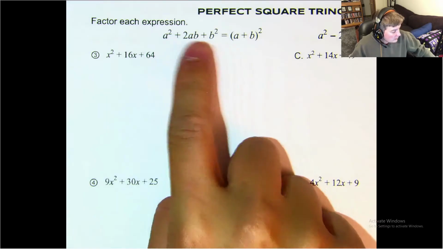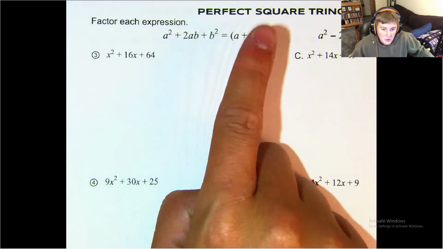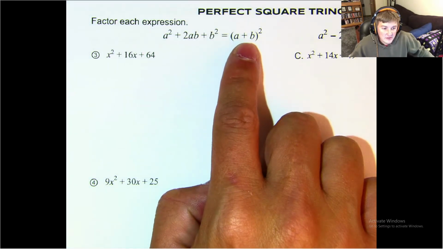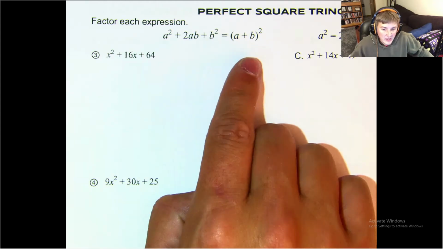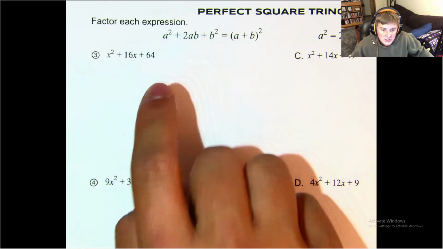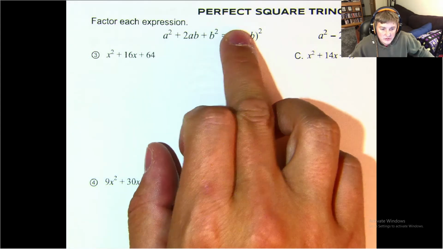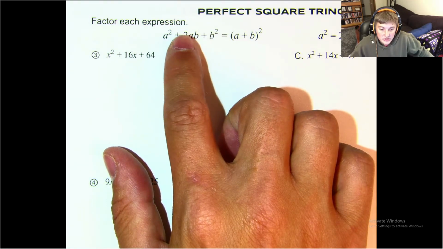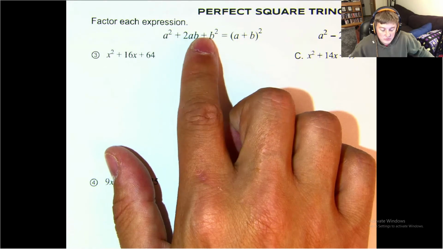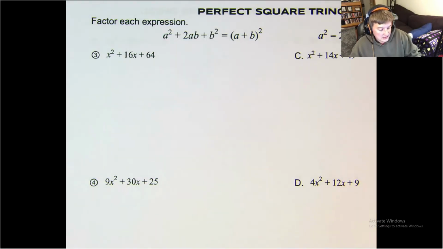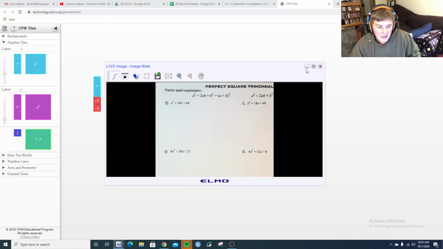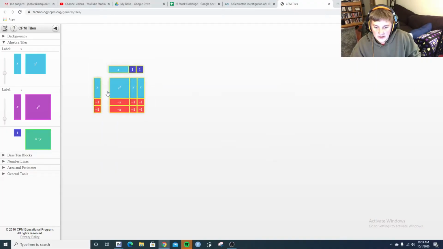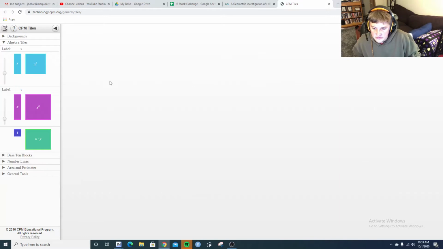And they follow a pretty distinct pattern where once you figure out what your a and your b value is, it will go ahead and follow this pattern. So when your first term is a perfect square and your third term is a perfect square, if your middle term is equal to 2 times the root of the first times the root of the second, it is going to be a perfect square trinomial. And I would like to go ahead and discover this here.